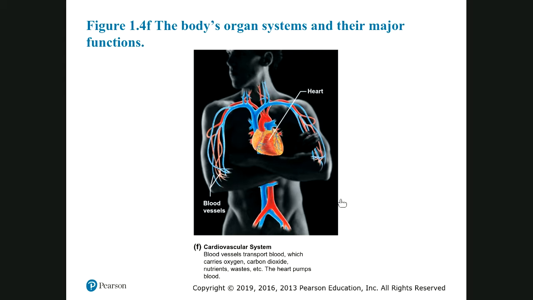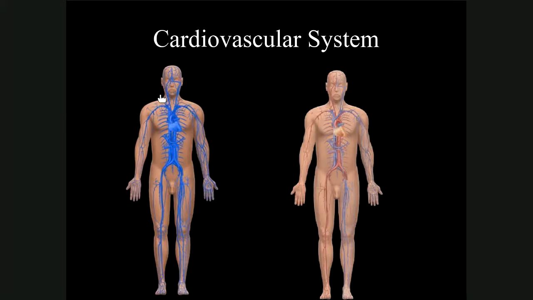The heart itself also pumps blood in order to do that. What's highlighted in blue here would be the blood vessels, and there's the heart. So that's your cardiovascular system.